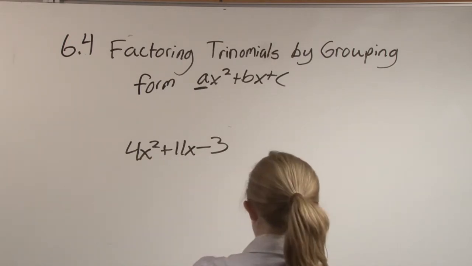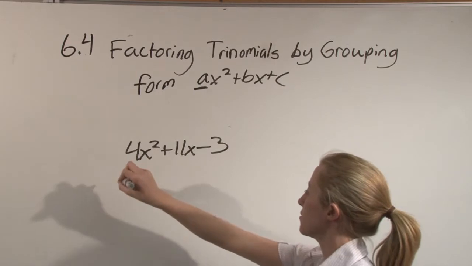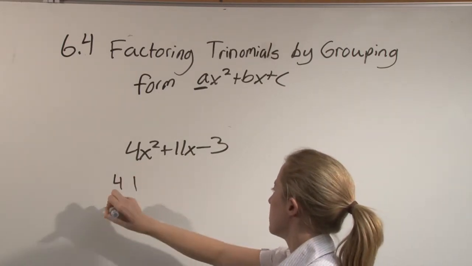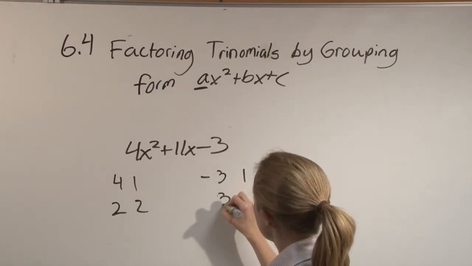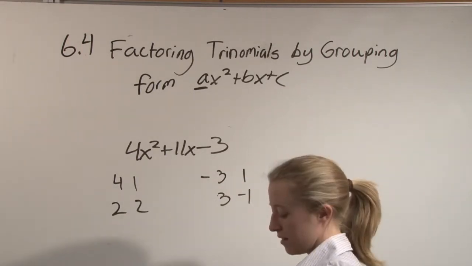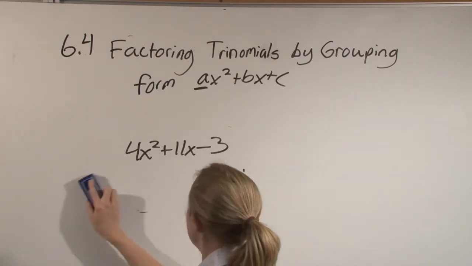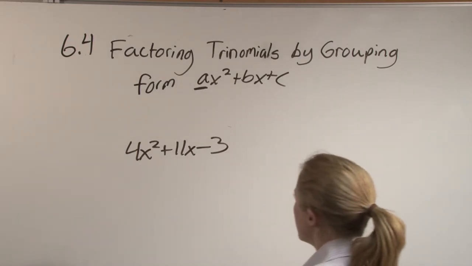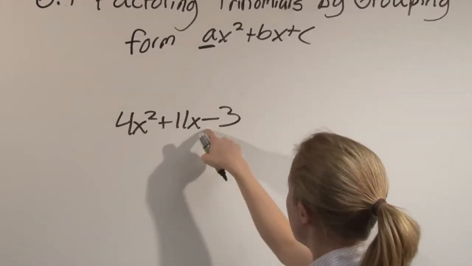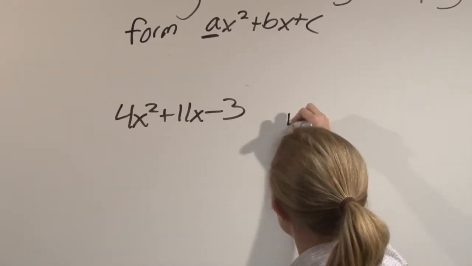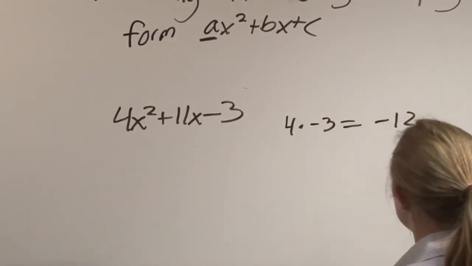So I could do the guess and check method where I list all the factors of 4 and then multiply them by all the factors of 3, but that is time consuming and there is an easier way to do it. So what I can do is take the coefficient of the x squared times the constant, which is 4 times negative 3 is negative 12.